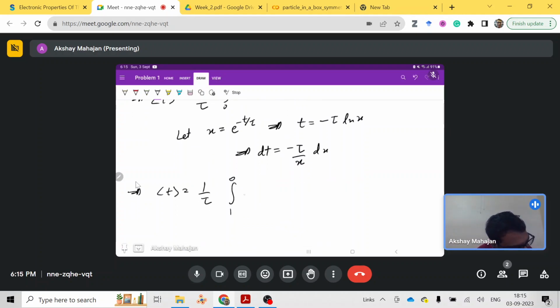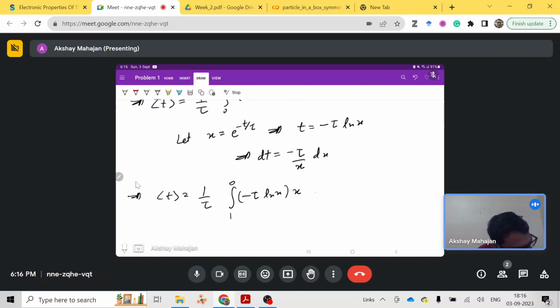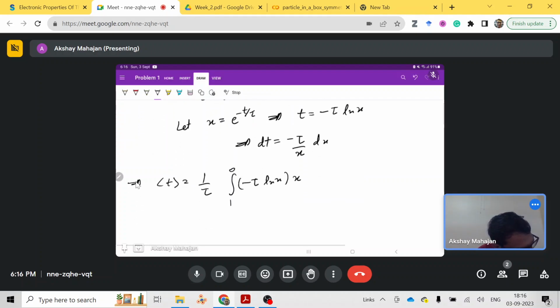Instead of t I can write minus tau ln x, e to the power minus t by tau becomes x, and instead of dt I write minus tau by x dx. Now the taus cancel out, the minuses cancel out, and we have tau times the integration from 1 to 0 of ln x dx.